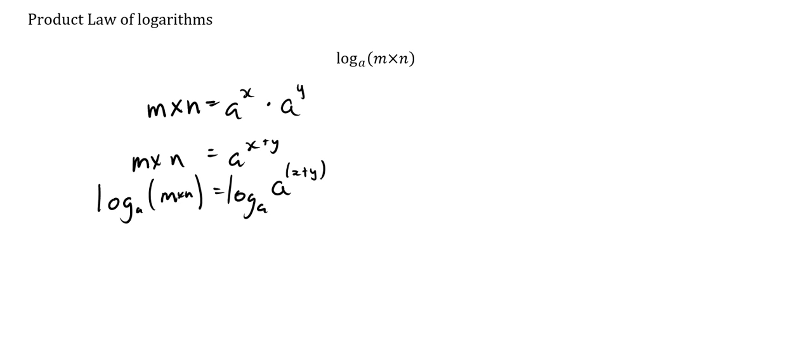So that whole exponent. So now what? Does anybody notice what we can do now? Using one of the properties from yesterday. Yeah? The right side will just be x plus y. Very good. So log base a of m times n, that whole thing, equals x plus y.